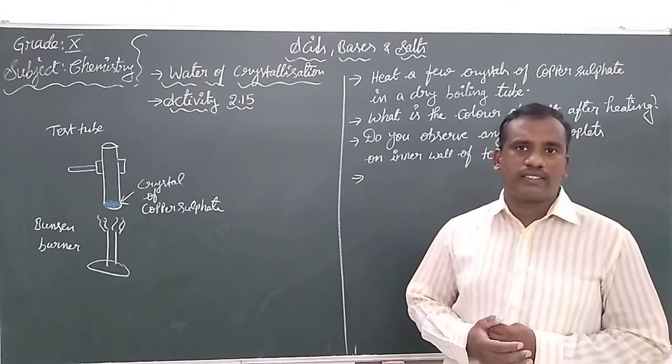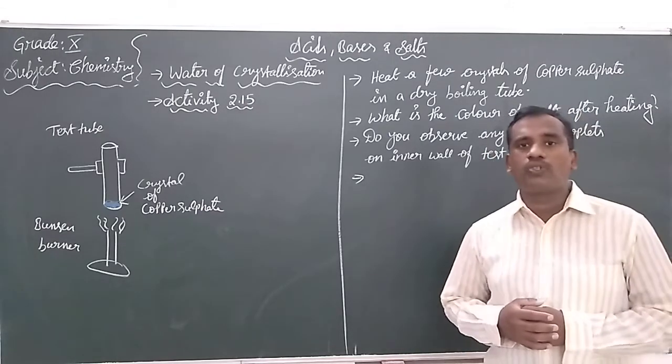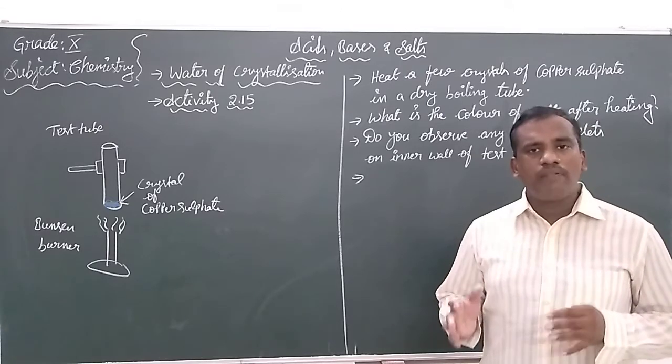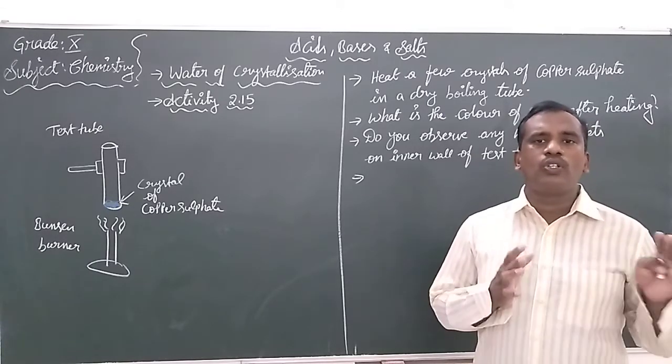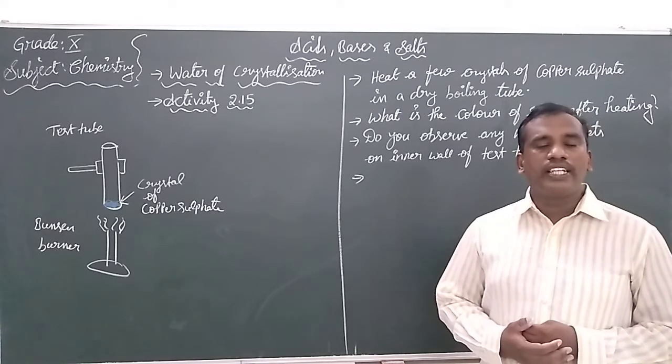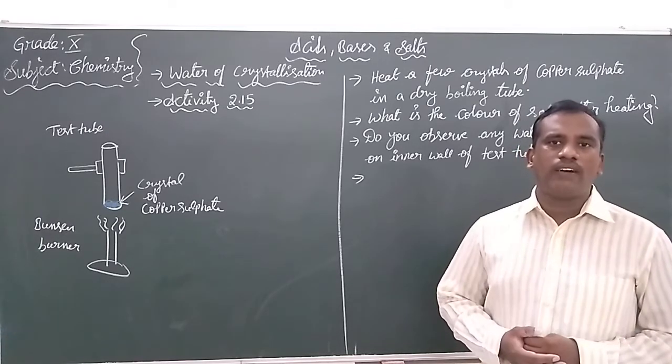The salts that we are studying, most of them will be colorless, but even when they are colorless, we don't observe them directly. They will have some fixed molecules of water attached to them in the chemical formula.